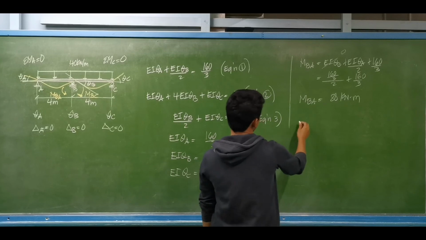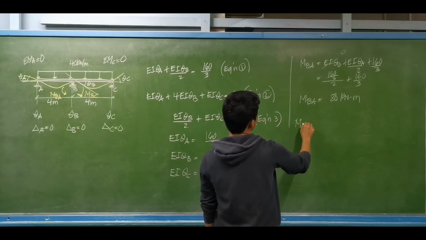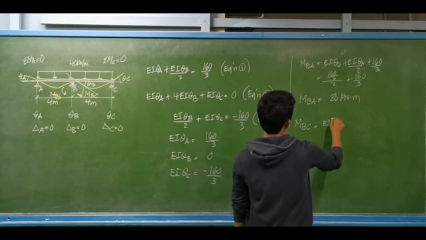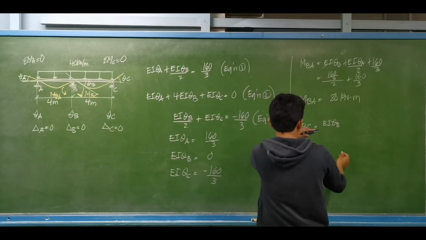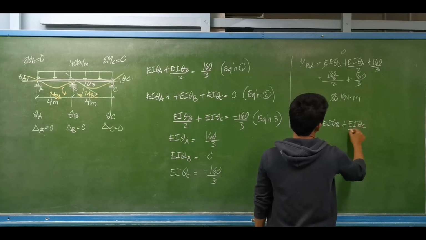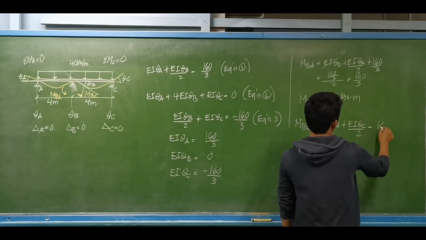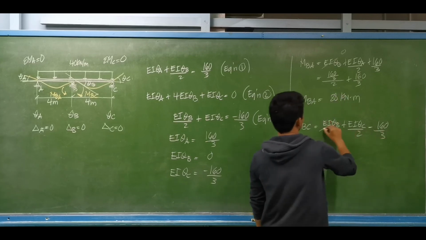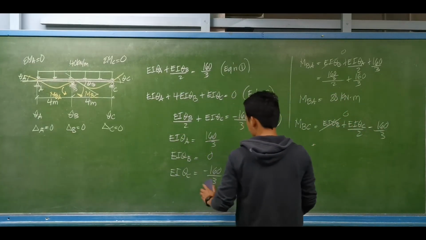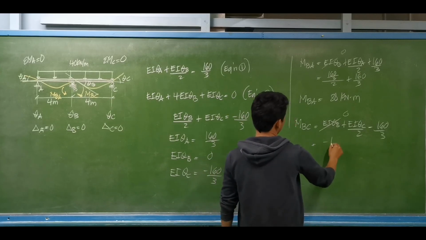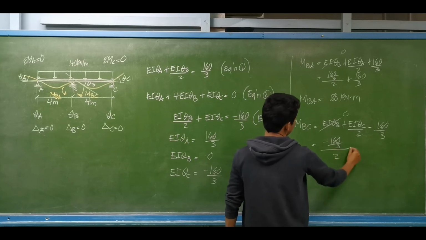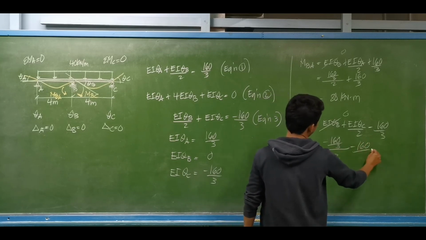While for the other moment, the moment BC is equal to EI theta sub B plus EI theta sub C over 2, minus 160 over 3. Again, EI theta sub B is 0. So EI theta sub C is negative 160 over 3, divided by 2, minus 160 over 3.